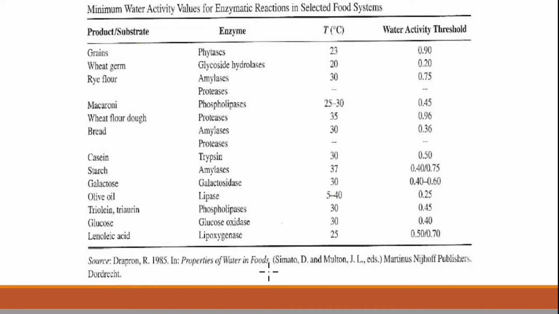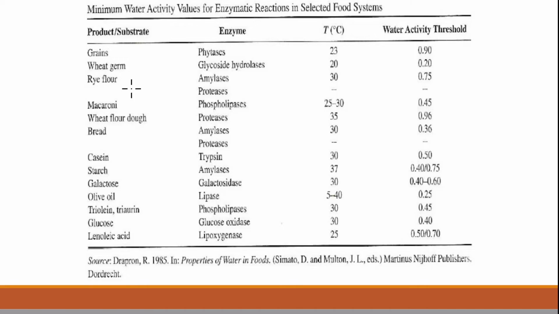So this table simply summarizes the water activity threshold, meaning the minimum value, for various food products. Grain, for example, the hydrolytic enzyme involved is phytase here, and the temperature, minimum or optimum, I think this is 23 degrees, and the minimum water activity is 0.9.